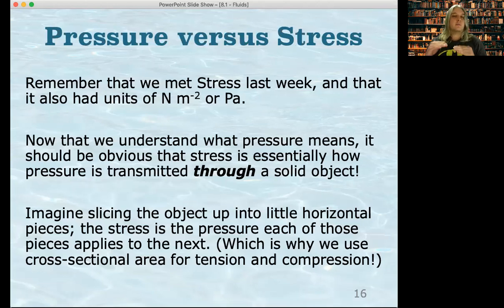So if you think of the object that was being compressed, and you imagine it as all these tiny slices of object rather than one solid object, the pressure from one slice to the next is going to be that compressive force, that compressive stress rather, and that is the same as how we've just defined pressure. So that's why stress and pressure seem to be the same thing, right? Because they essentially are. Stress is the internal pressure of a solid, whereas pressure generally refers to the interaction between two different substances or objects.